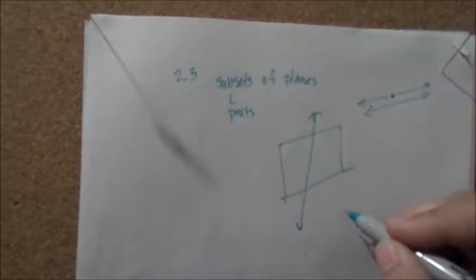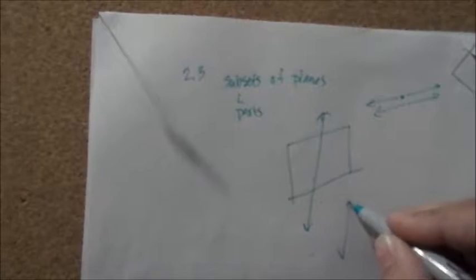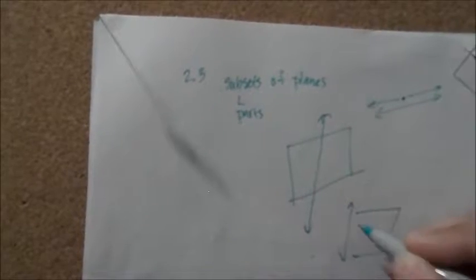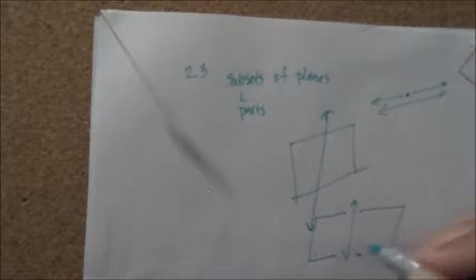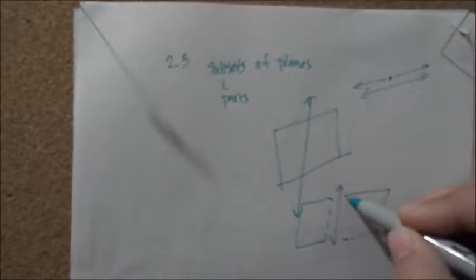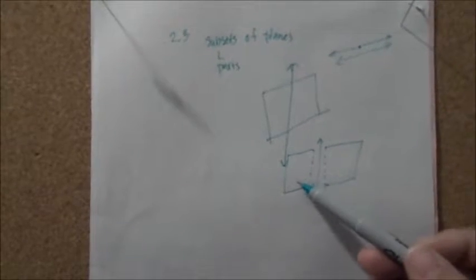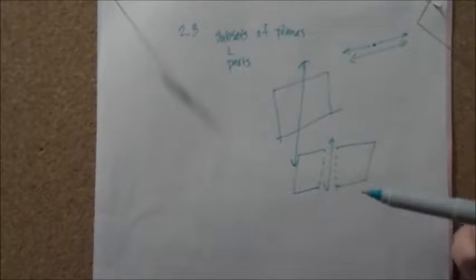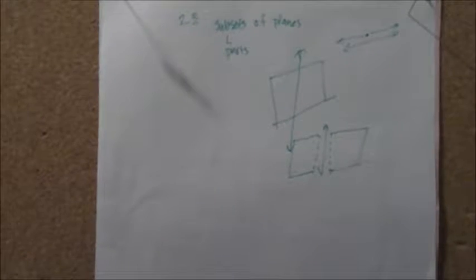You would have the line, this half of the plane, and that half of the plane. So a line could break a plane into three disjoint sets: the line itself and two half planes. Same over here, the point itself and two half lines. It's just the concept taken and applied to the next dimension.